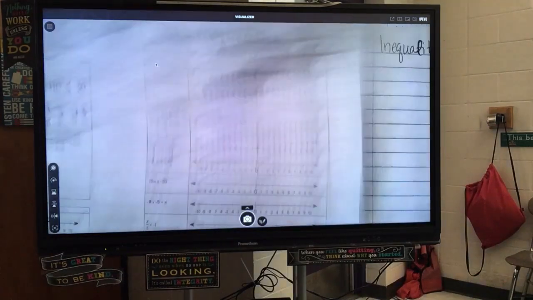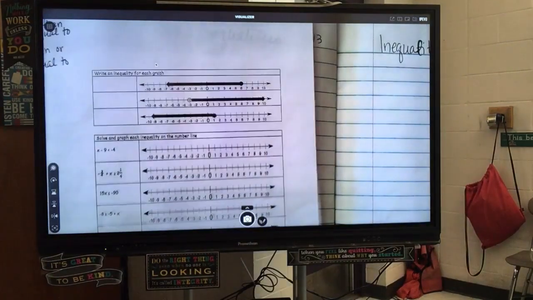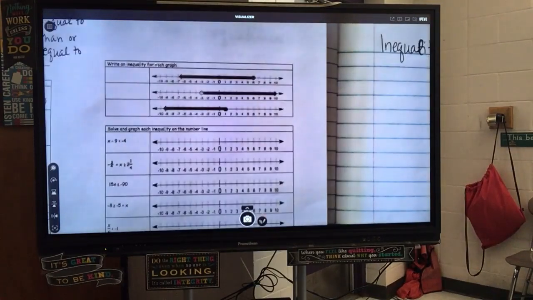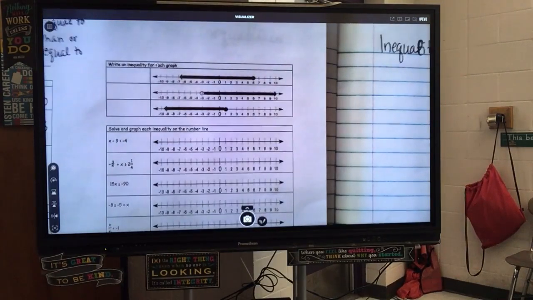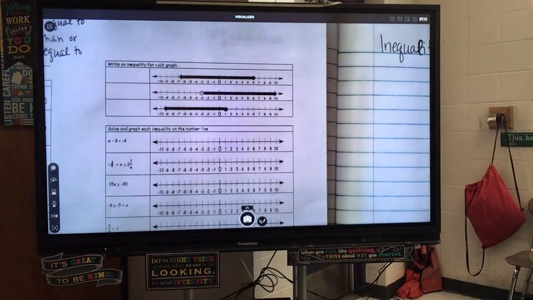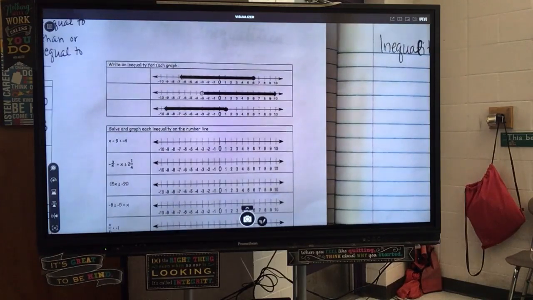Alright, slide over to this one. Now it is asking you to write an inequality for each graph. Looking at the first one, someone raise your hand and tell me if it's going to be greater than, less than, greater than or equal to, or less than or equal to, based off of the circle.